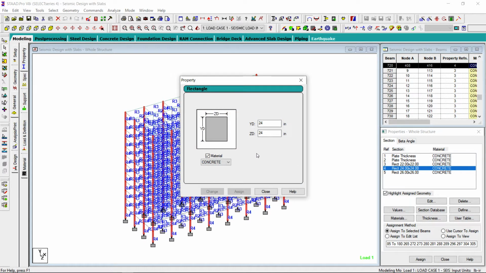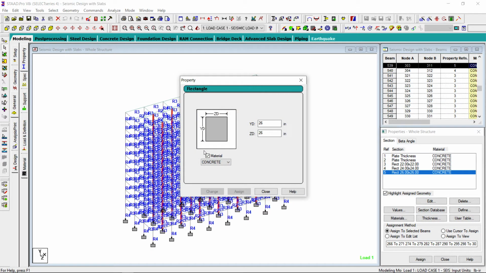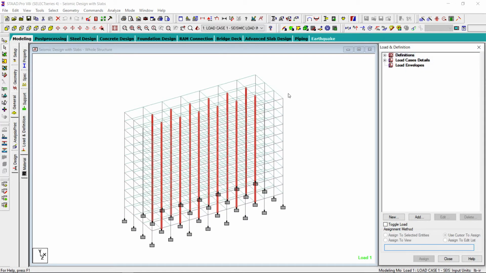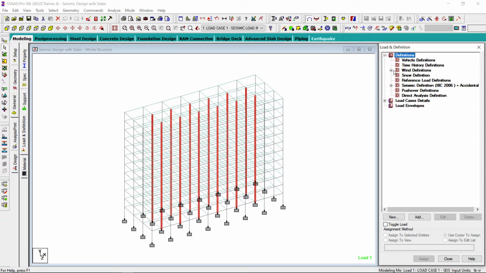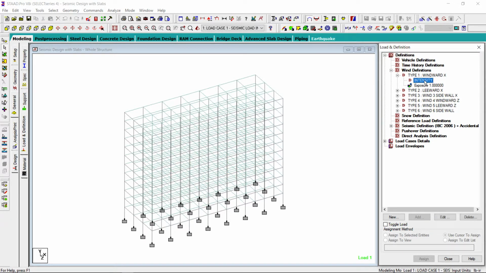These columns are 24 by 24, I changed. And for the inner columns the dimensions are 26 by 26. So I modified the properties over here. Then I modified the wind load generator that I created last time, and I modified the parameters now.